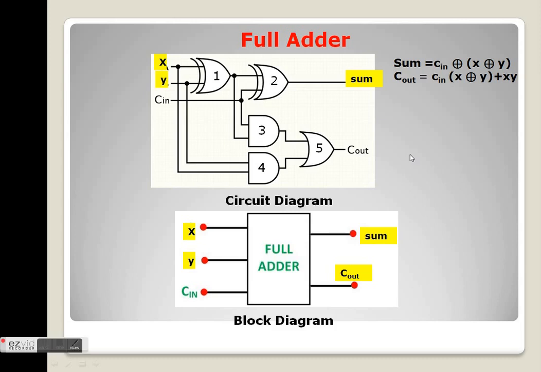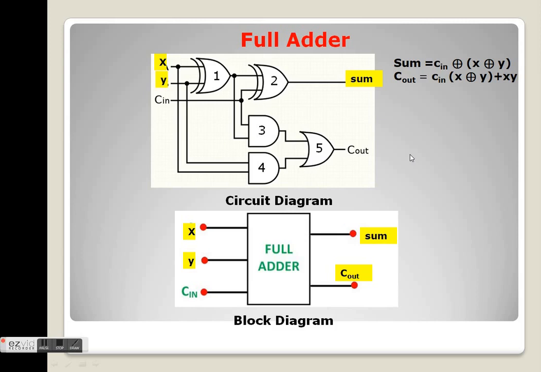Okay, students, now the Boolean expression for C out is C in and the exclusive OR of X and Y, or the AND operation on X and Y. Students, so firstly we will implement the exclusive OR operation on X and Y, and because we have already implemented this operation through the exclusive OR gate 1, we will use the output of this gate and give this output to the AND gate number 3. The second input to the AND gate 3 will be C in. So the output of the gate number 3 will be C in and the exclusive OR of X and Y.